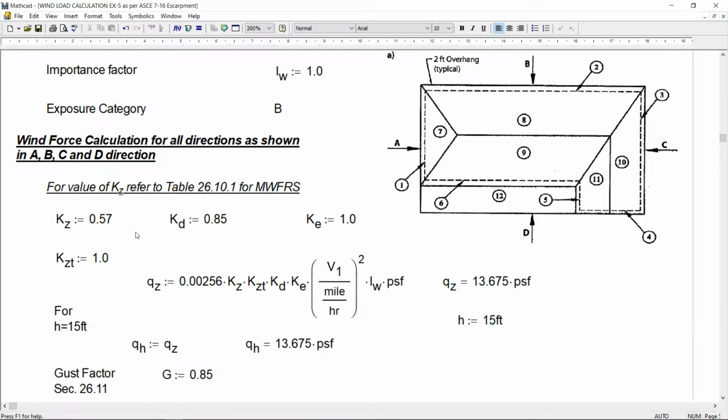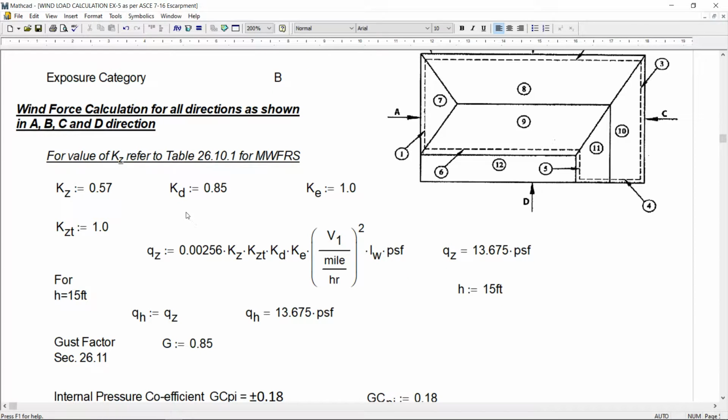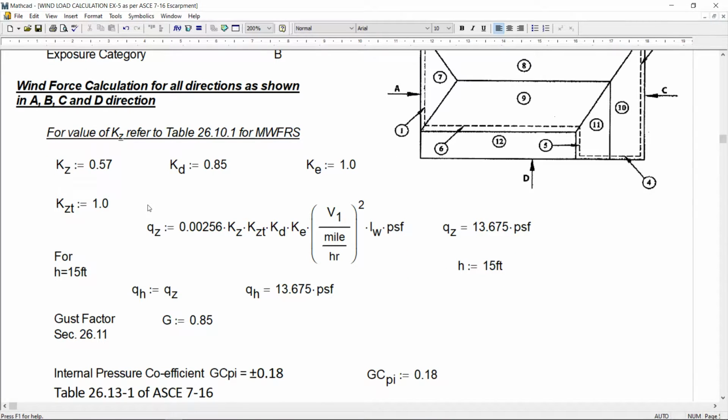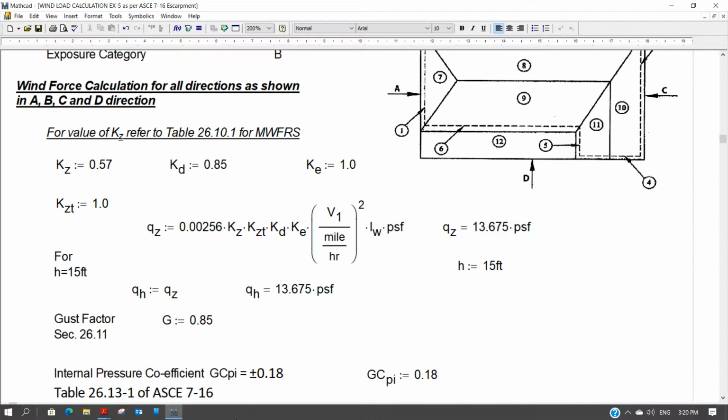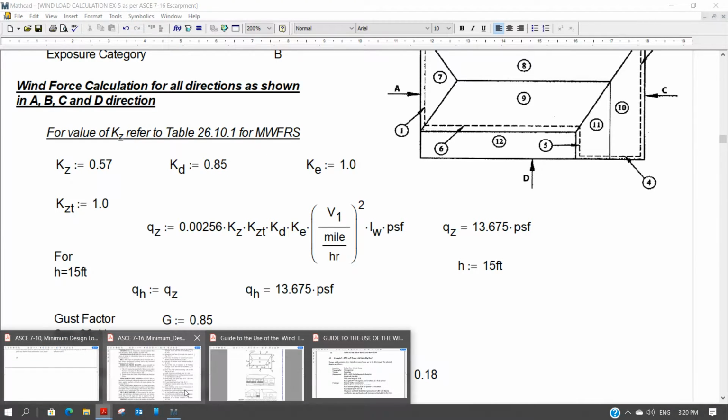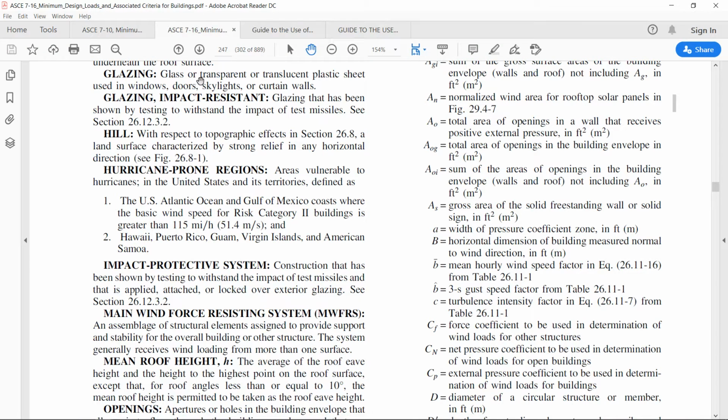So all these values are listed over here. Now for the value of Kz, refer to table 26.10.1. Now table 26.10.1, I'll show you, this is ASCE 7-16.